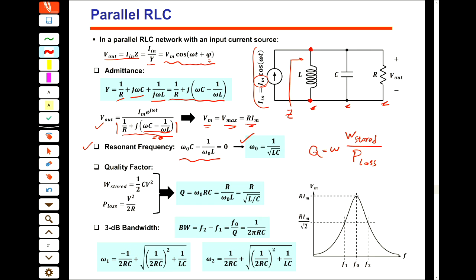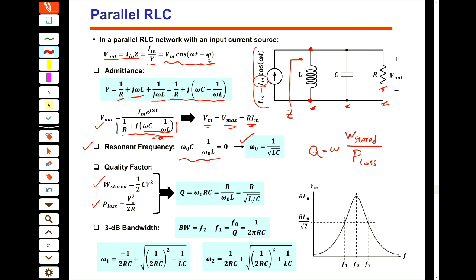So W stored is the amount of energy that we store in the capacitor or in the inductor, no difference. We can take one of them because they usually exchange the energy between each other. Okay? And then the power which is lost inside the R, because R is the lossy element.